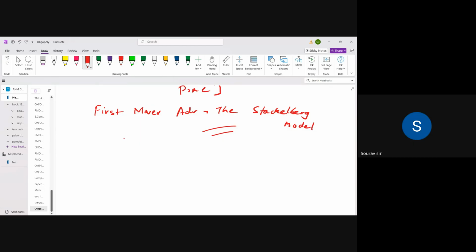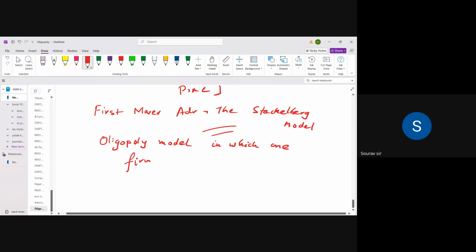So we were doing the Stackelberg model. What is the Stackelberg model? It is an oligopoly model in which one firm sets its output before other firms do.